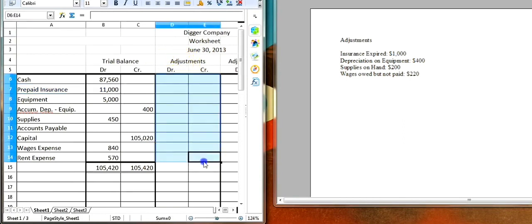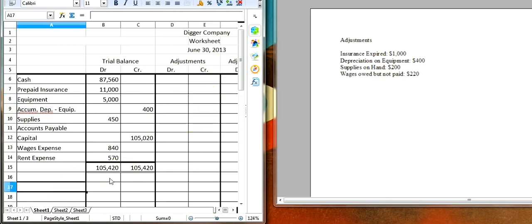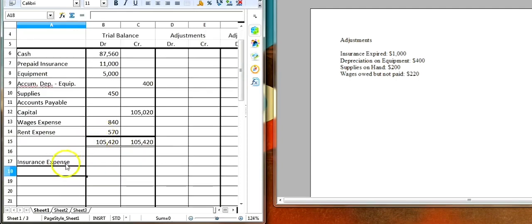So the first adjustment here is insurance expired. Notice I have got insurance expired here as an adjustment, and I have got prepaid insurance here. What expired means is that at the beginning of the period I bought a bunch of prepaid insurance.